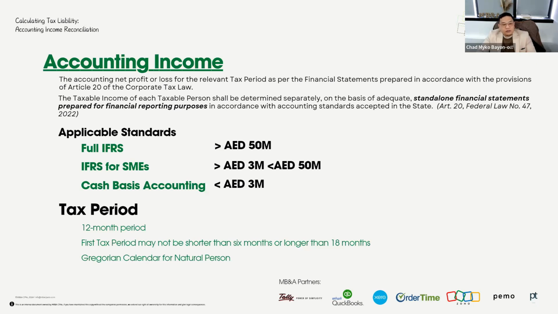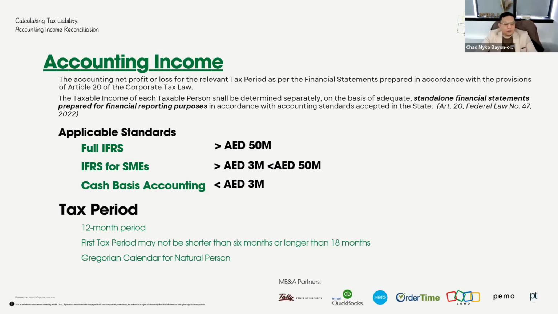Since you started on June 1 or July 1, that will be your first tax period and needs to be filed for this year 2024. Supposedly that will be filed on September 2024, but they have provided an extension and it will be acceptable until December 31, 2024. So you have to make sure that you have done the filing for corporate tax.